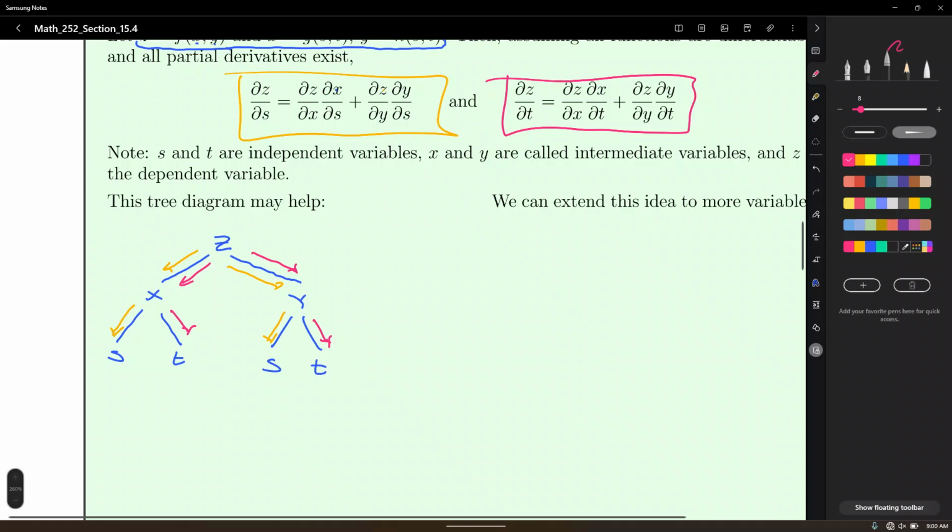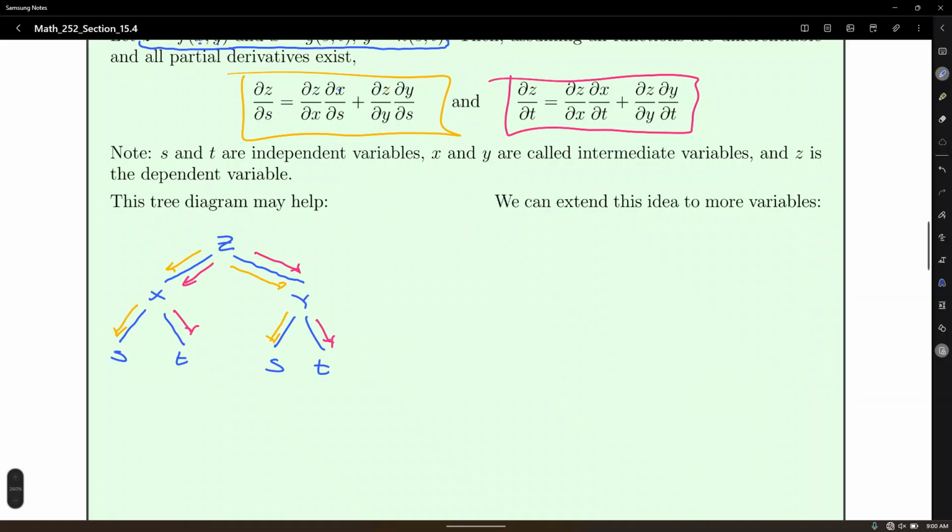Are we limited as to how many branches and variables we may have? No, of course not. For instance, let me make something up. What if we have some function w that depends on r, s, and t? At the same time, each of r, s, and t depends on x, y, z.